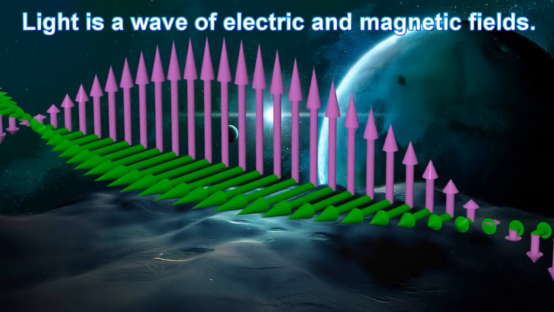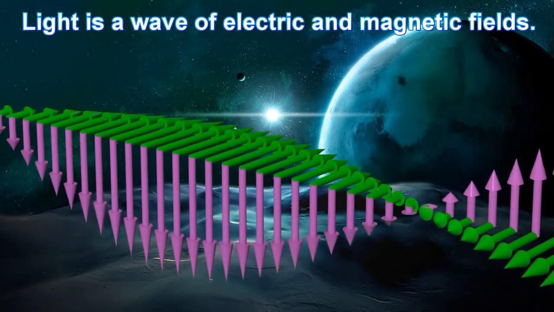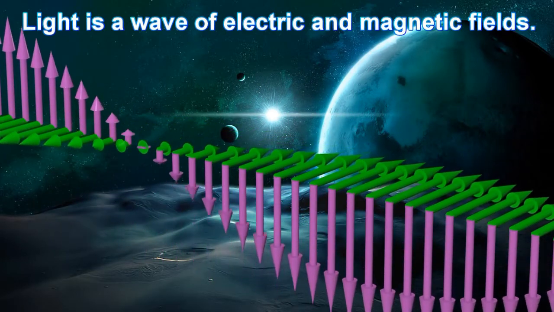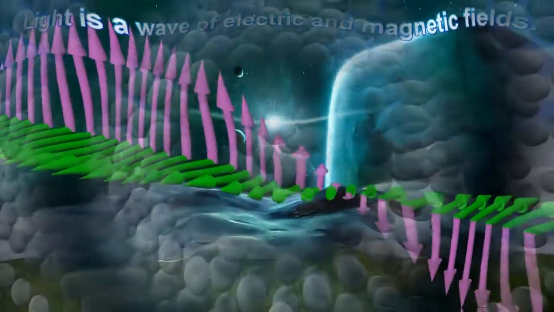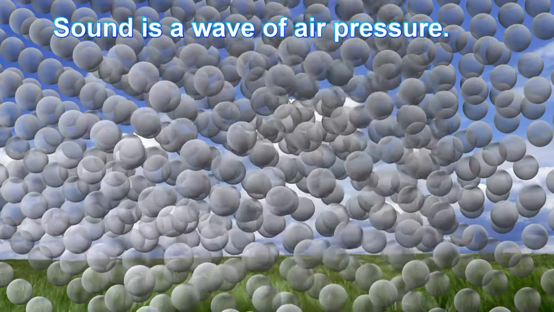Light is a wave of electric and magnetic fields. Sound is a wave of air pressure.